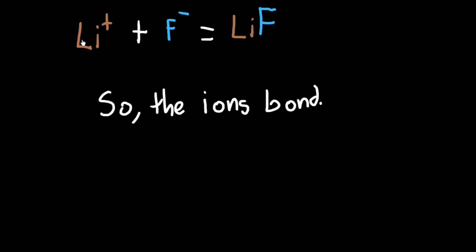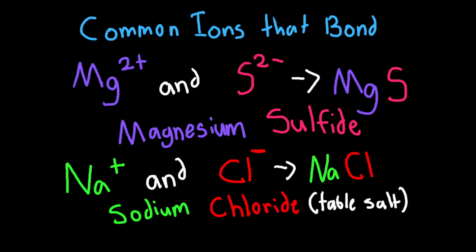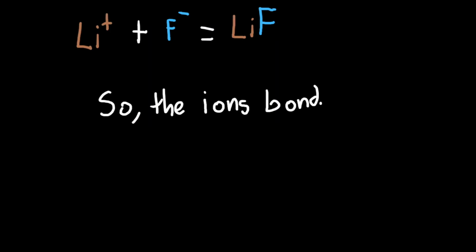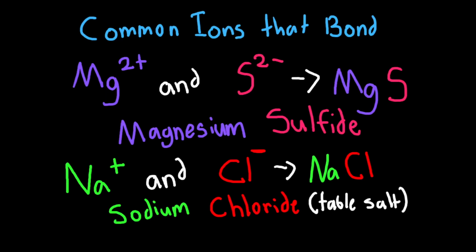So you can see that this lithium cation and this fluoride anion combine into lithium fluoride, and so these ions bond. And so that's basically how it works. Every atom wants to become like the noble gases, so the ions form, and then ions can form ionic bonds.